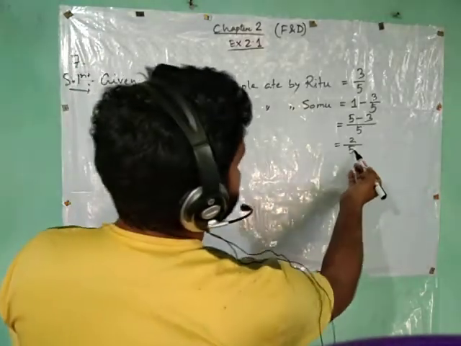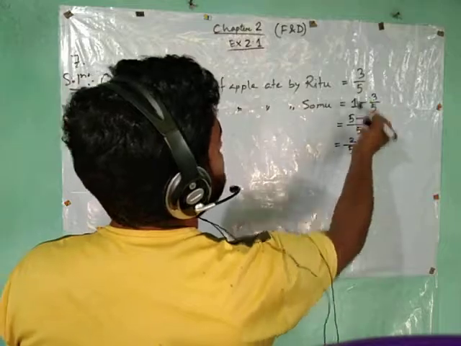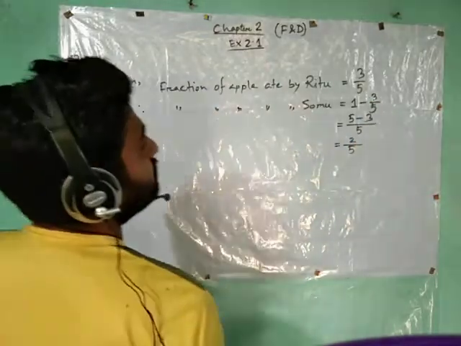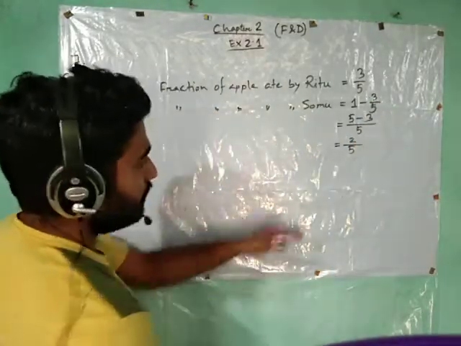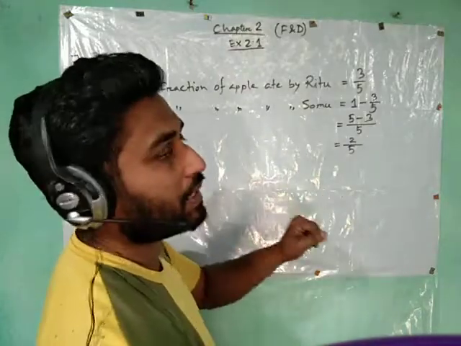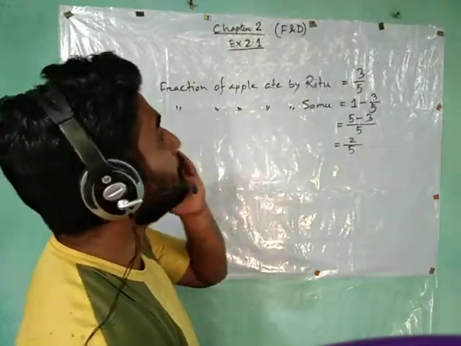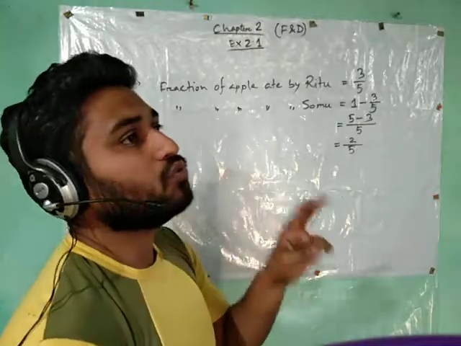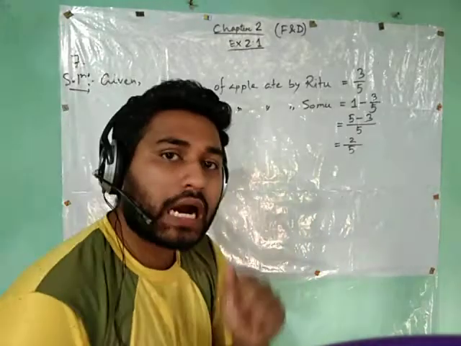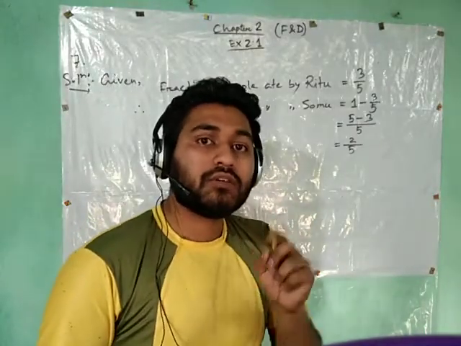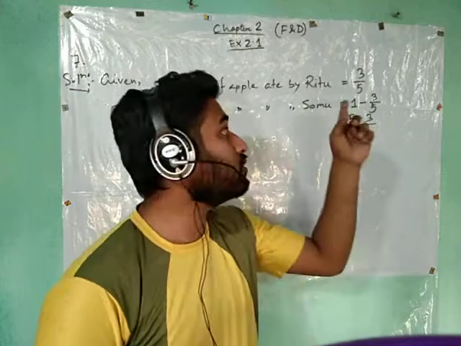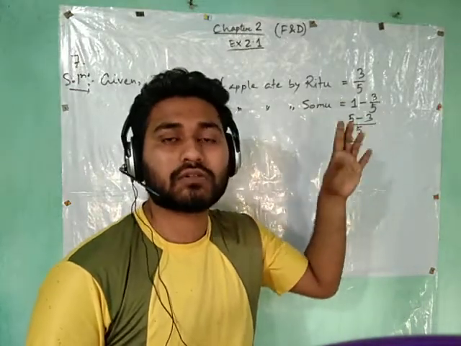Now tell me, this denominator is same in both of them. That means we have a rule regarding comparison that if the denominators of two given fractions are same, then we have to look at the numerators of those particular fractions.